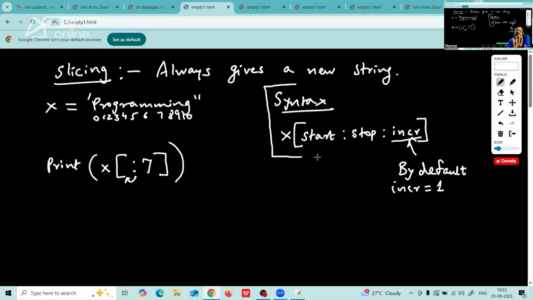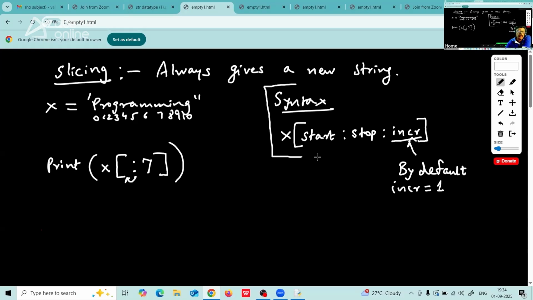By default, start taken is 0. Check my words. If you don't give start, if you just give colon, then start taken by default is 0 if increment is positive. I repeat, start taken by default is 0 if increment is positive.